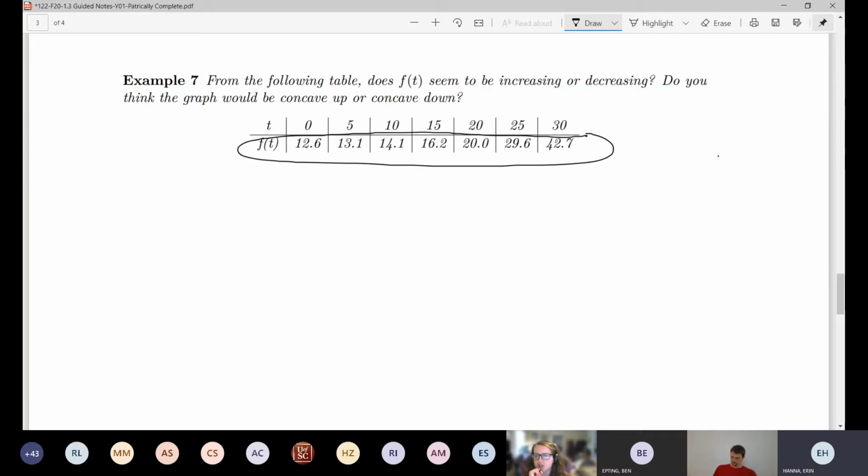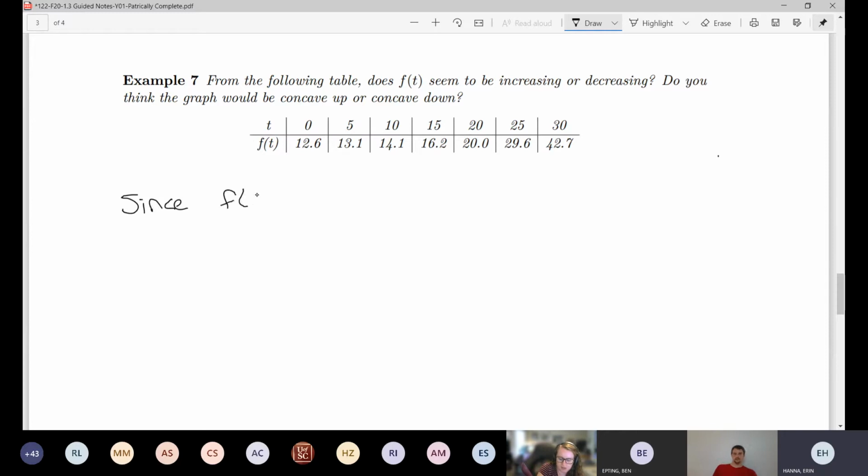Those values are getting larger as we go from smaller x values to larger x values, right? So since those y values are increasing, the function is increasing. So since f of t values are increasing, f of t is increasing.